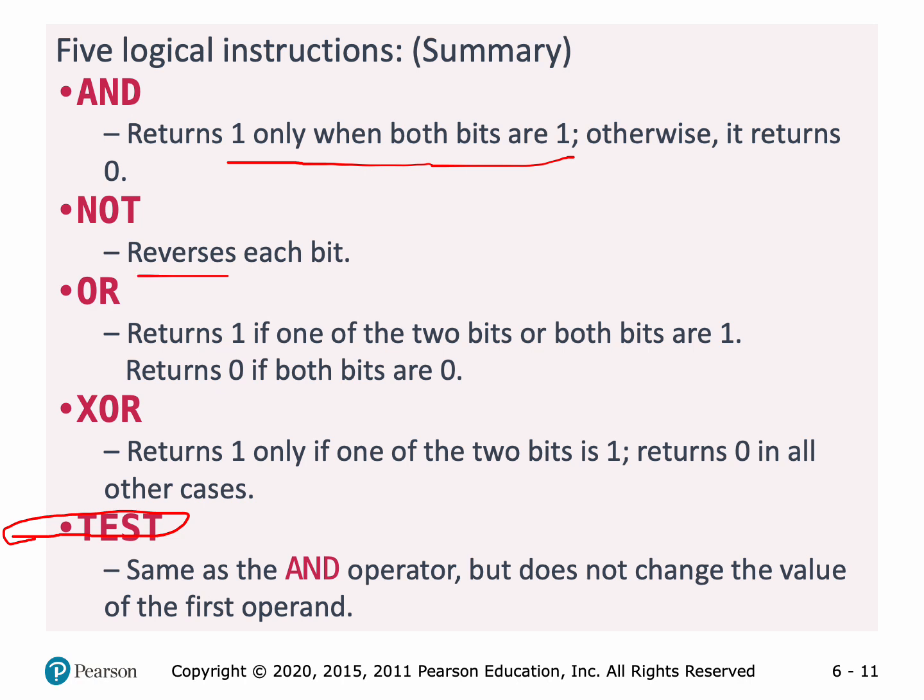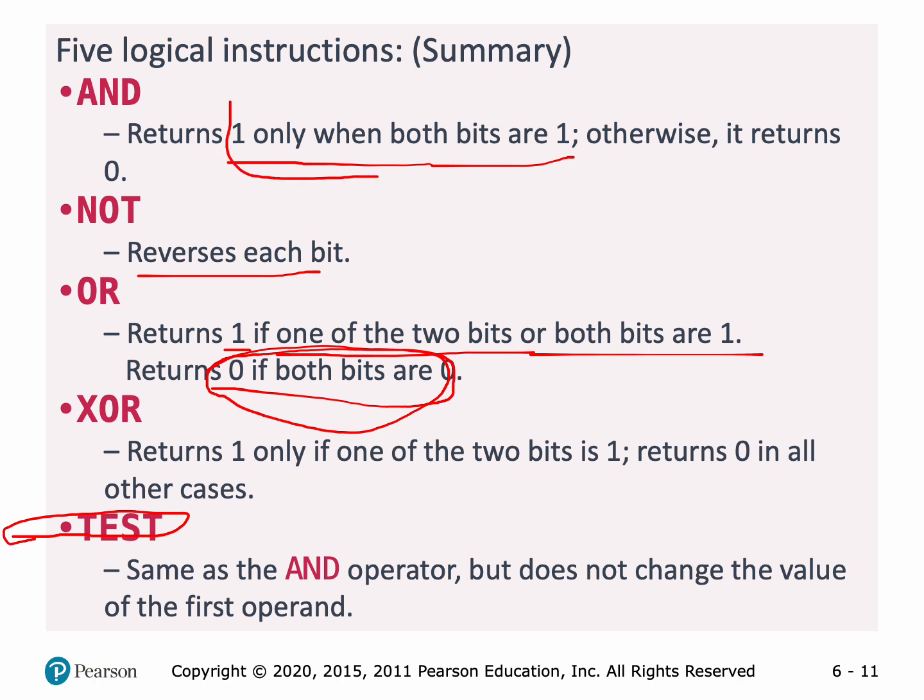OR is going to return a 1 if one of the 2 bits or both of the bits are 1. And the only time that you're going to get a 0 is if both bits are 0. So with the OR, remember if both bits are 0, you get a 0. With the AND, if both bits are 1, you're going to get a 1.